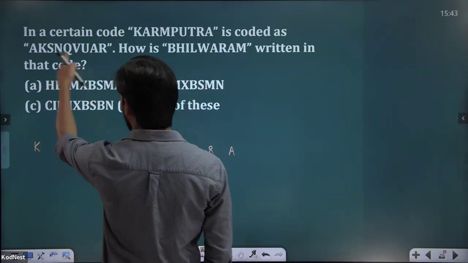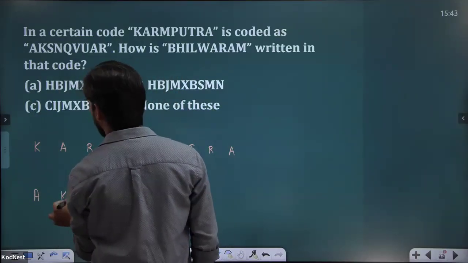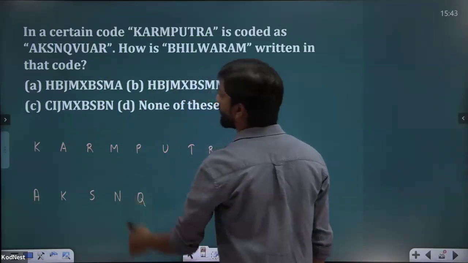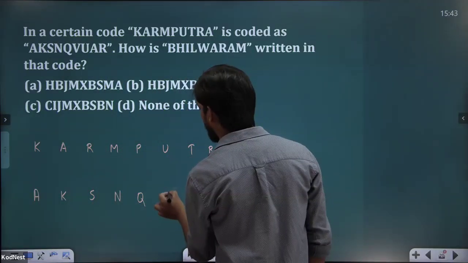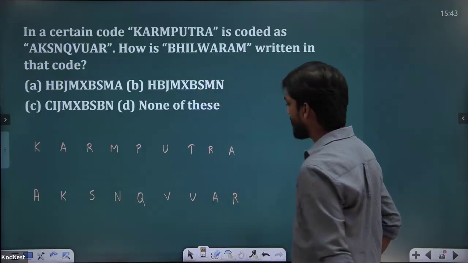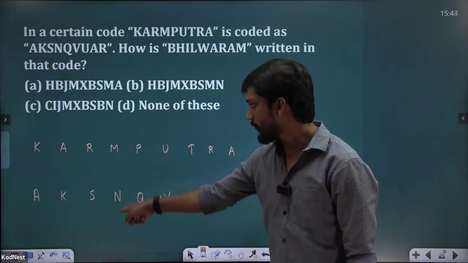AK, please be very careful while writing this. So AKSNQ. Okay. VUAR. Please try to write exactly aligned. It will be simple for you to track.